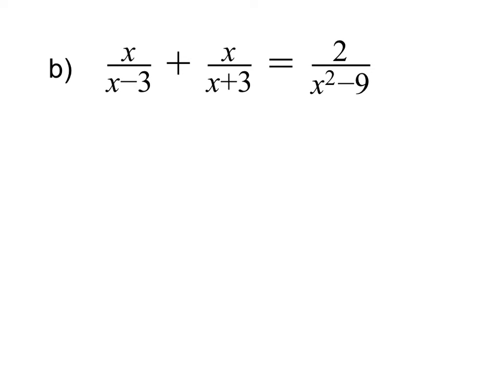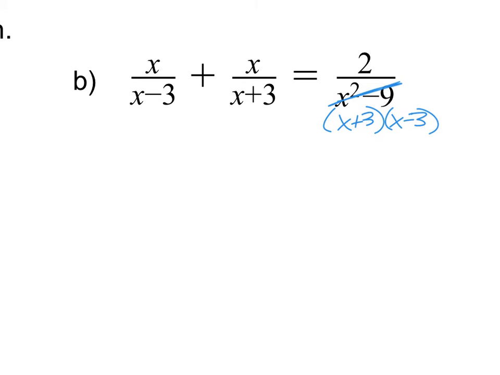Looks like I need to factor first. I can factor this one to be difference of squares, x plus 3 times x minus 3. All right, so it looks like that's going to have to be our common denominator, the x plus 3 and x minus 3. So I'm going to multiply this one by x plus 3 and this one by x minus 3.